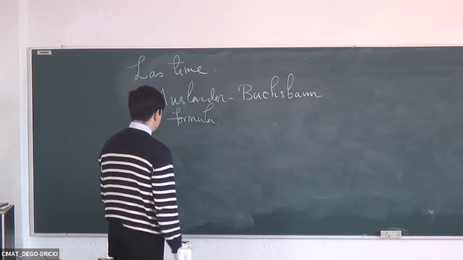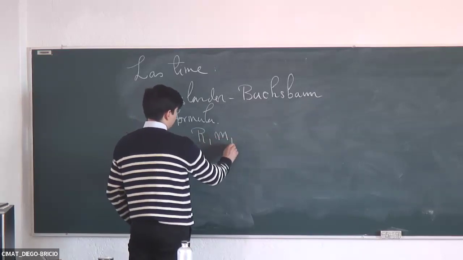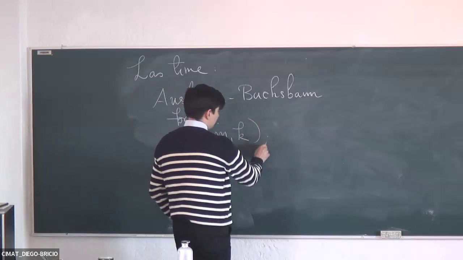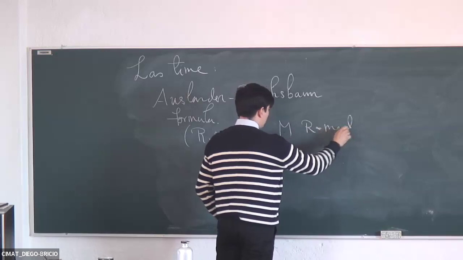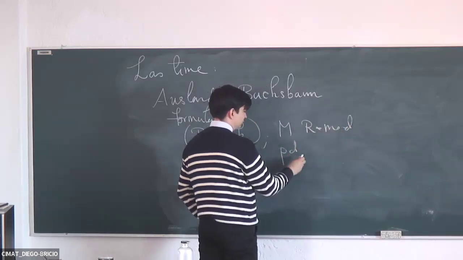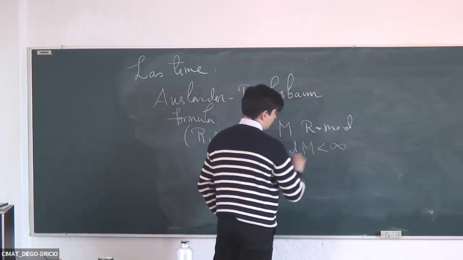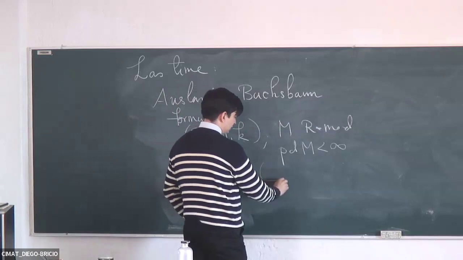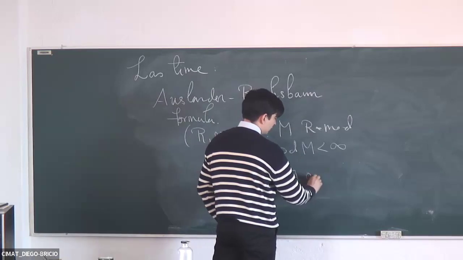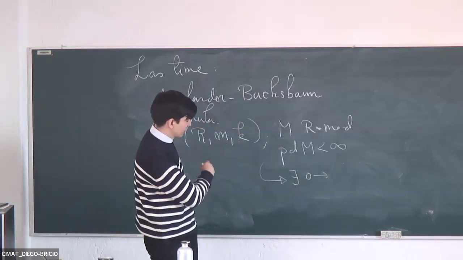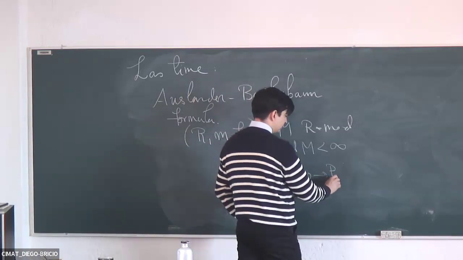Then last time we were studying this formula that says the following. If you have a local ring and you have a module of finite projective dimension, and this means that there exists a free resolution or a projective resolution of N that is finite, right?